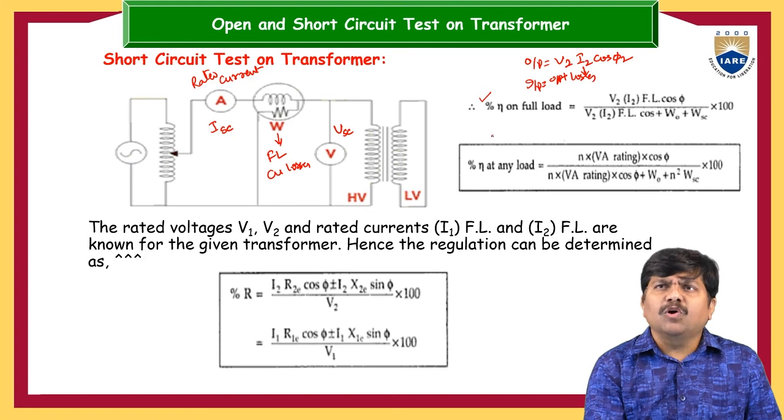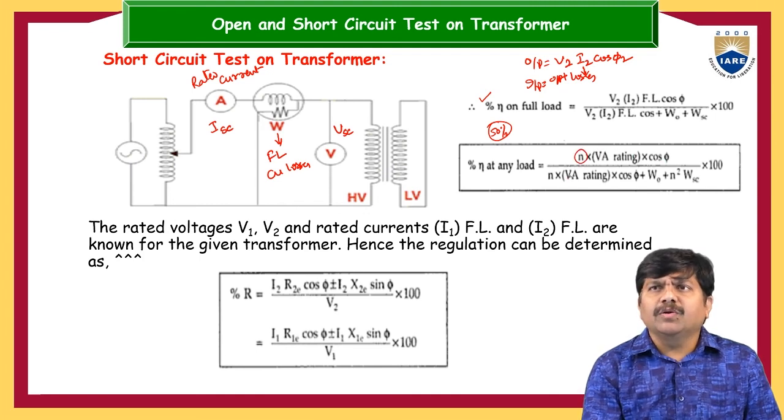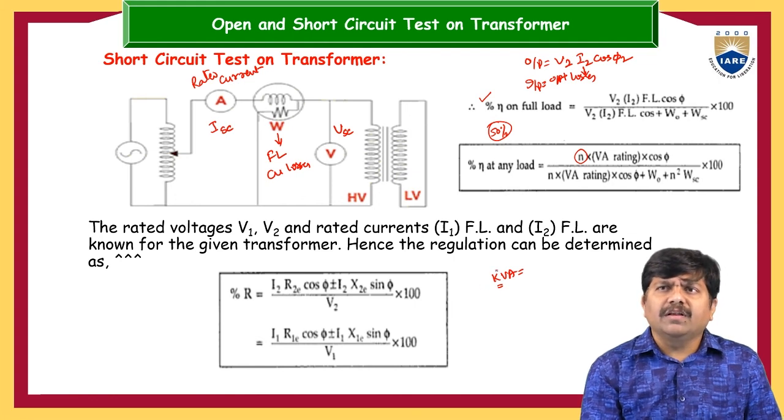Also, at any load, say 50% of the load, the efficiency is N into kVA rating into cos φ divided by N into kVA rating into cos φ plus losses. What do you mean by kVA rating? Since transformers are of larger rating, K is used; otherwise it is voltage into current. Here also V2 into I2 is voltage into current only.